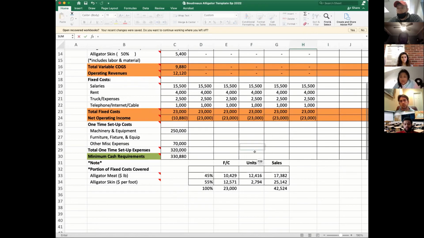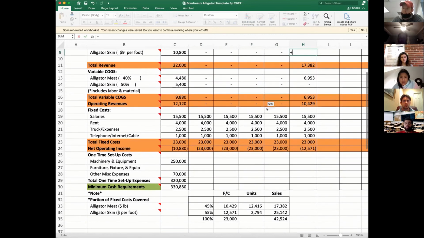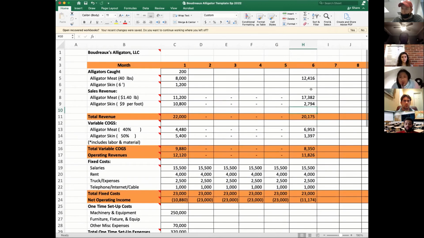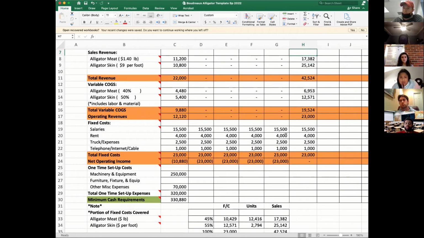I know how many units I'm going to have, right? Wait, I put the wrong number in. And guess what? I broke even, right?